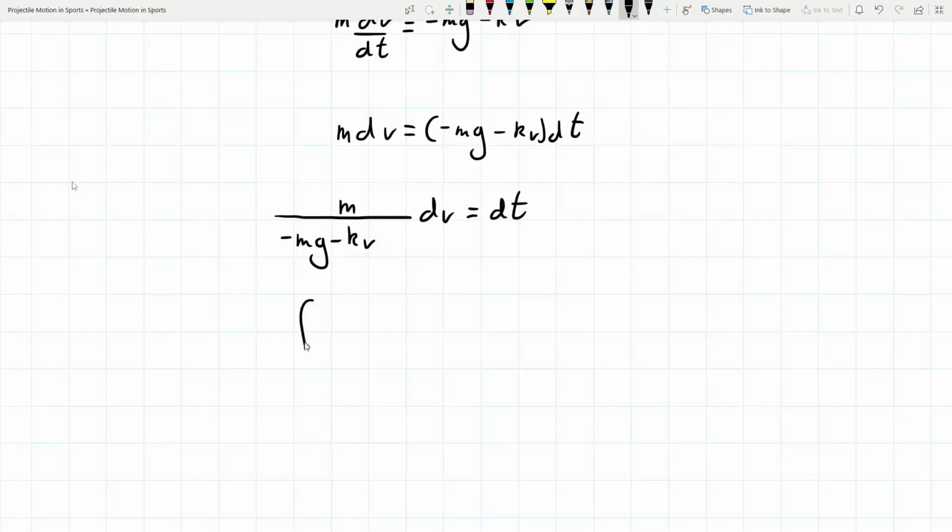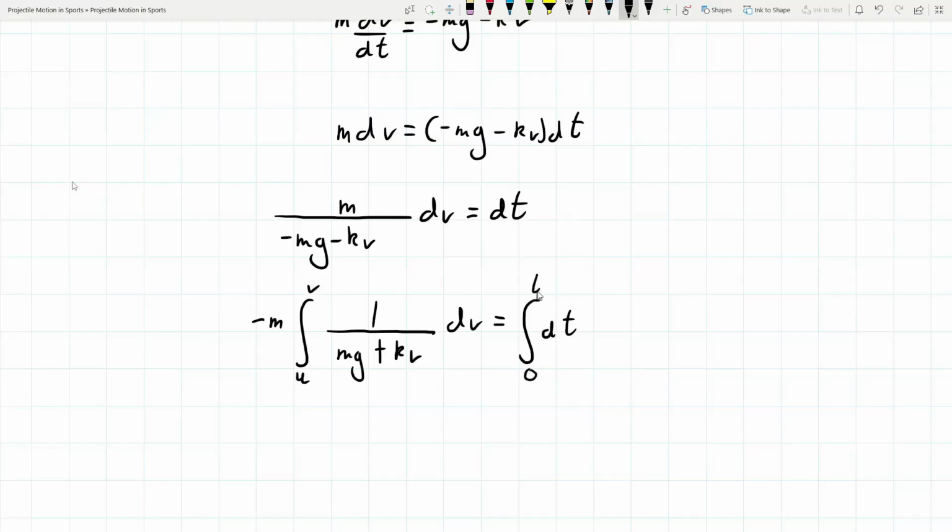I can take this m outside the integral, and we get 1 over, and then instead of minus mg minus kv, if we multiply the top and bottom of the fraction by a minus, this will become mg plus kv, but then we have to bring the minus out the front. Since the minus is a constant, we can bring it out the front of the integral. You get dv equals the integral of dt. Remember, the velocity goes from the initial velocity u to the final velocity v, and time goes from the initial 0 to the final t.